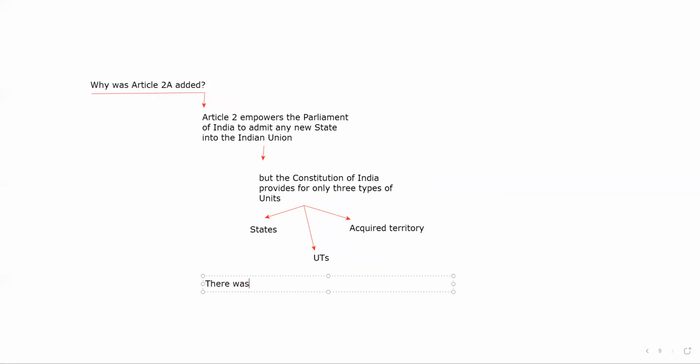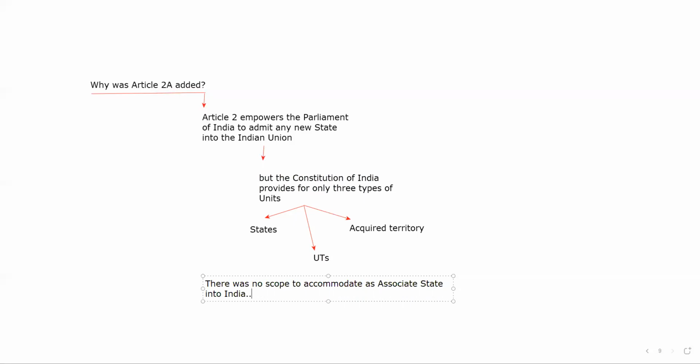There was no scope to accommodate an associate state into India.